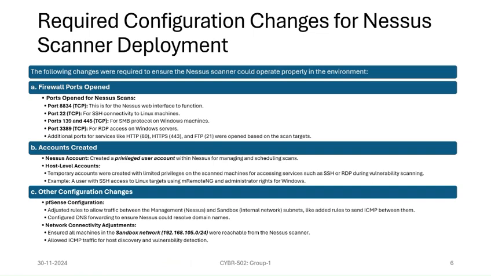These changes collectively enable Nessus to conduct comprehensive scans across all the systems in the secured network. With this foundation, we proceed to address the vulnerabilities of the system, focusing on critical to high risk issues first. Next, my colleague Subrat will discuss different types of vulnerabilities. Over to you, Subrat. Thank you.